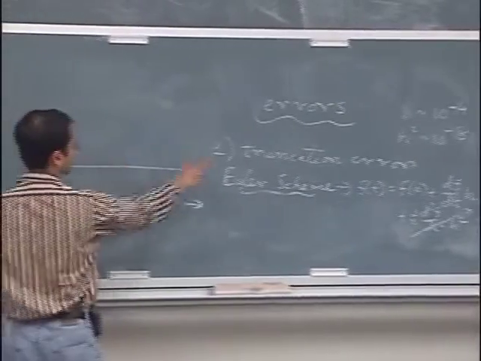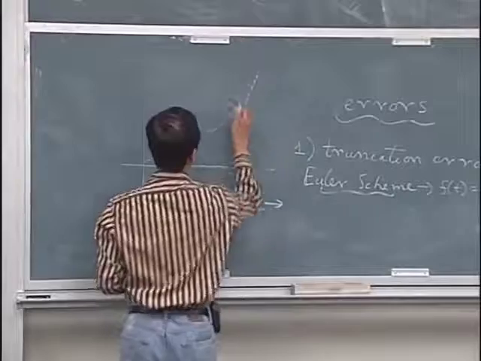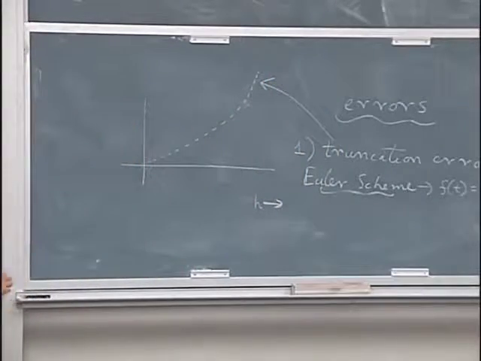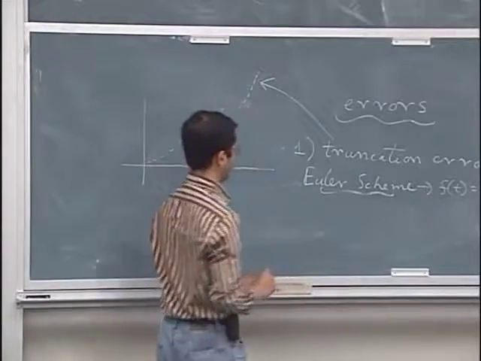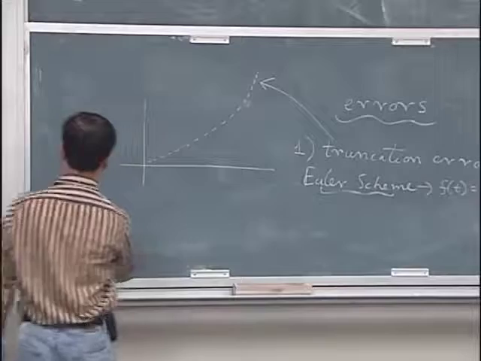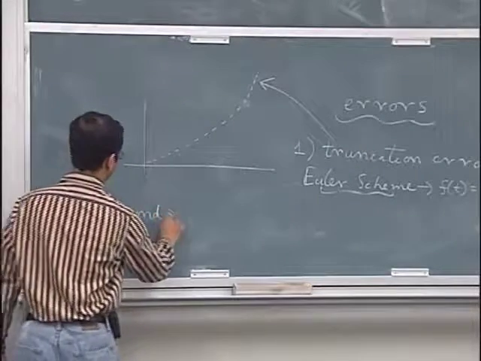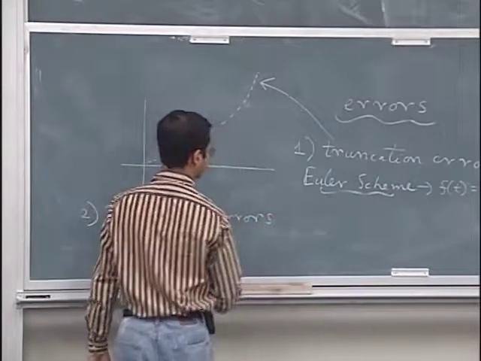So this error, the truncation error, is going to go up as h increases. And then there is a second set of error, error 2, which is round off errors.